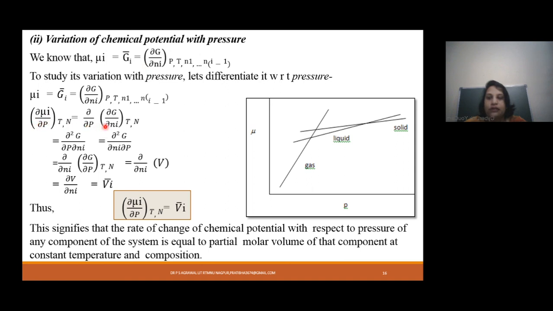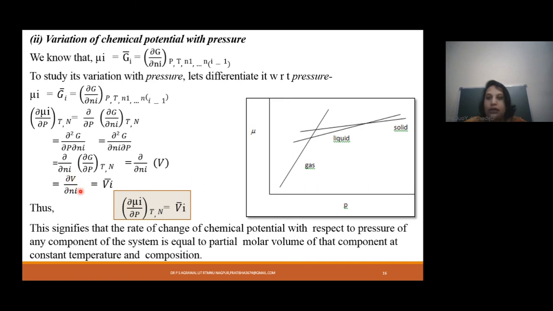So this one. That means again del 2G by del P del Ni. That means we can again exchange the terms, del Ni by del P. Again we get the term del G by del P, which we have seen as V. What does this indicate? It says del V by del Ni, meaning change in volume with respect to one of the constituents.